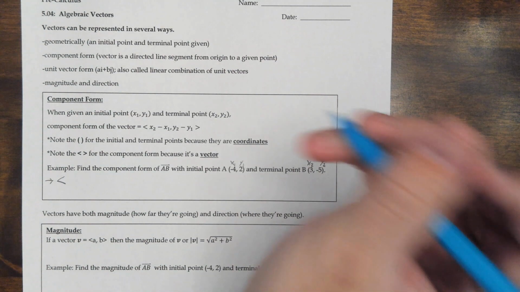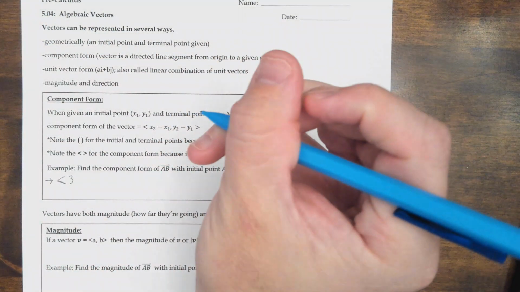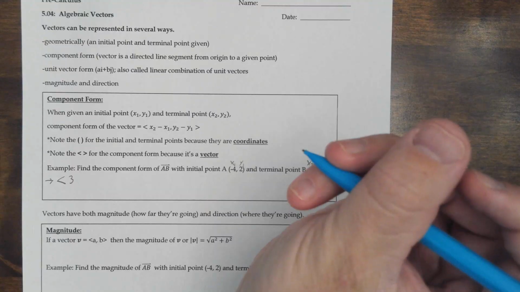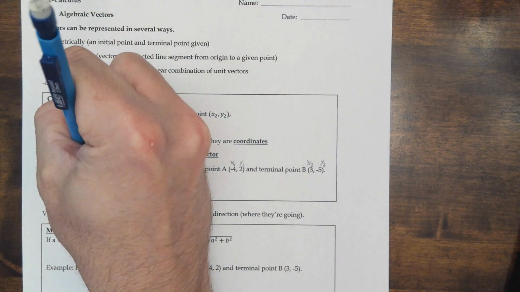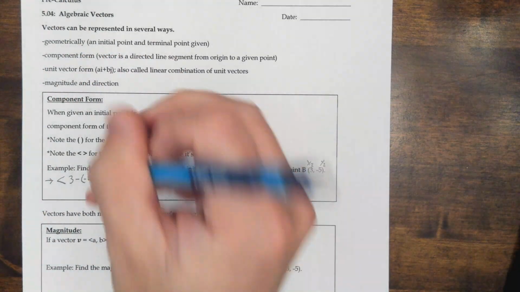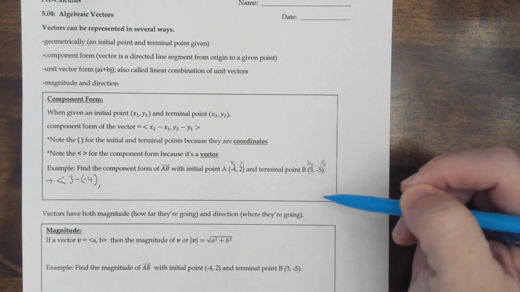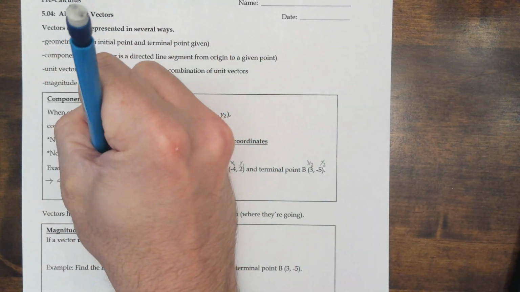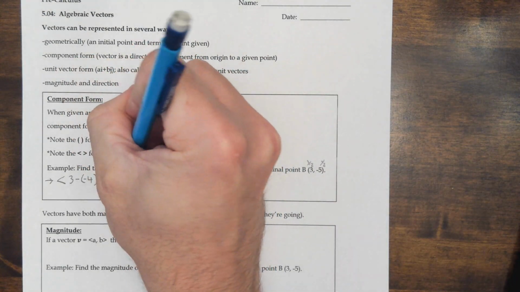So what is x2? x2 is 3. It's x2 minus x1, so x2 is 3, minus, and then a negative 4. Remember that minus sign comes from the formula. Now it's y2 minus y1, so y2 is negative 5, y1 is 2.